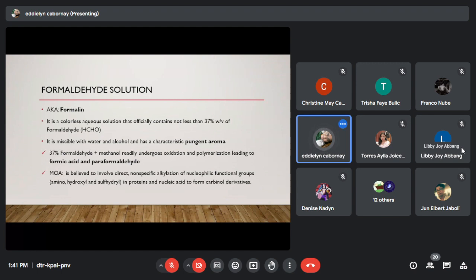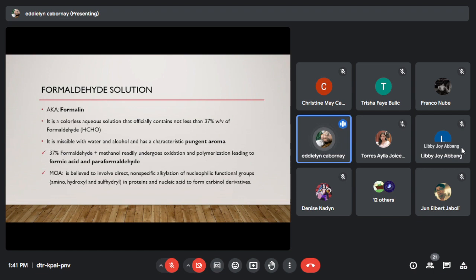Okay, so if accidentally you ingest formaldehyde, it can lead to severe gastrointestinal distress. And if formaldehyde solution gets on your skin, it can cause contact dermatitis.